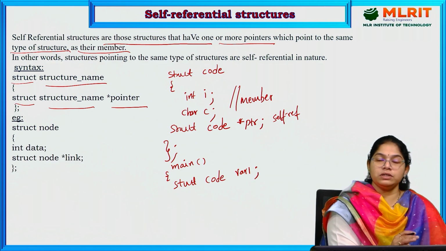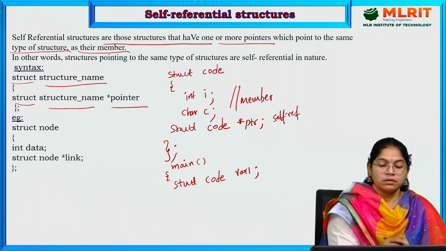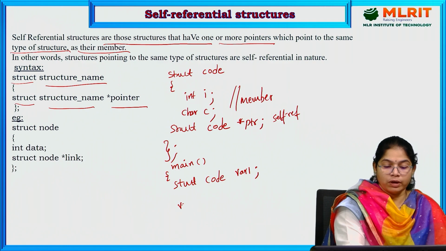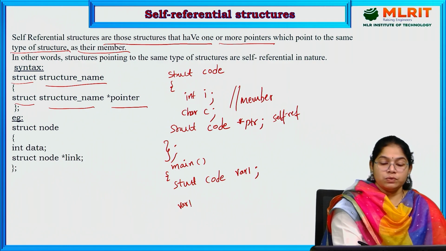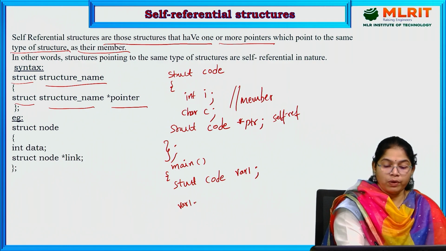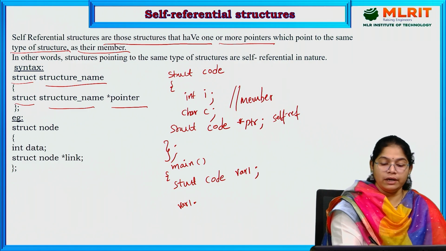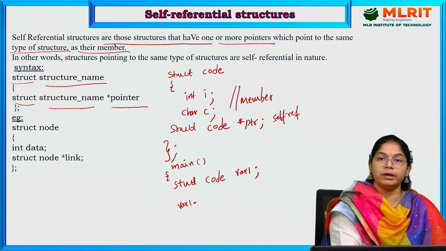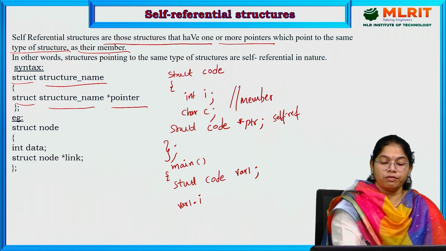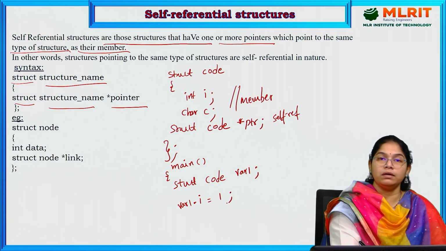Now here I am initializing the values for var1. This var1 can access the members of struct code. To access a member, we have to use the dot operator: var1.i is equal to 1. Here I gave the value as 1.